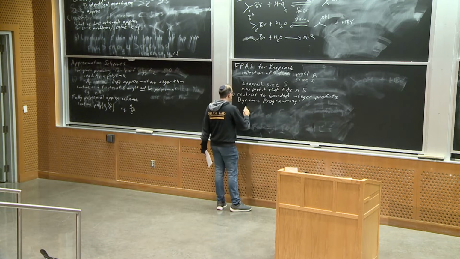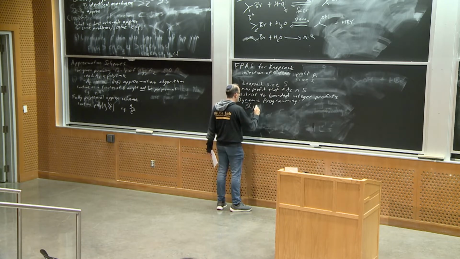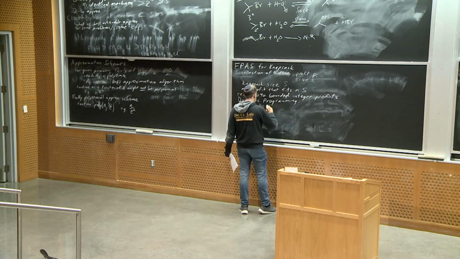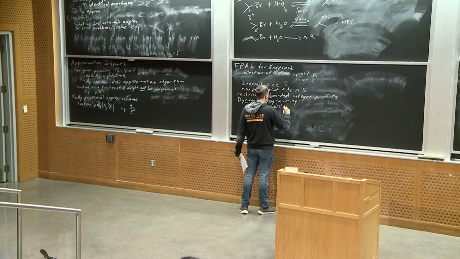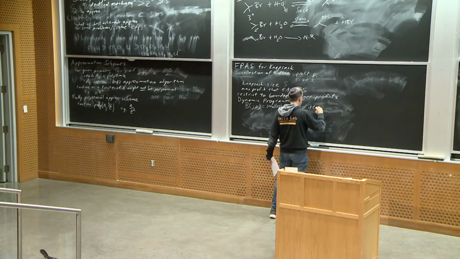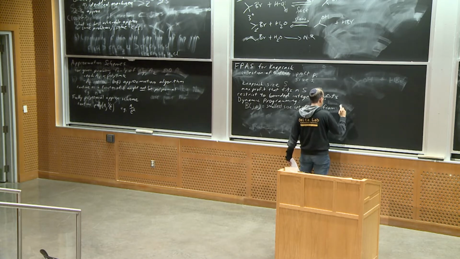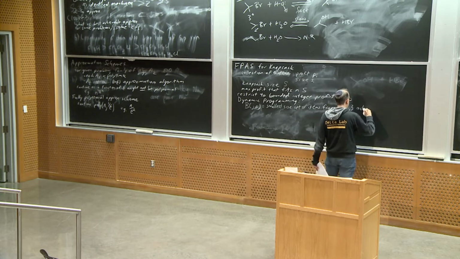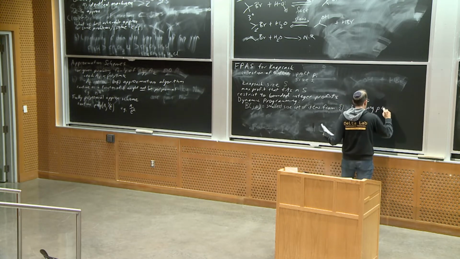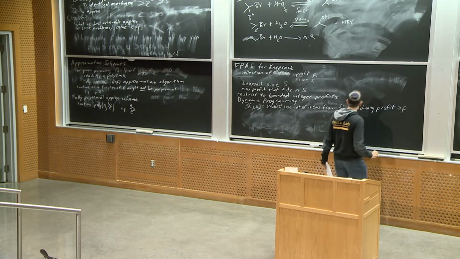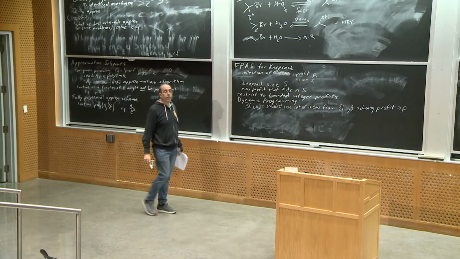What I'm going to do is define a dynamic programming table where B of j, p is the smallest size set of items from 1 through j that achieves a profit of at least p.